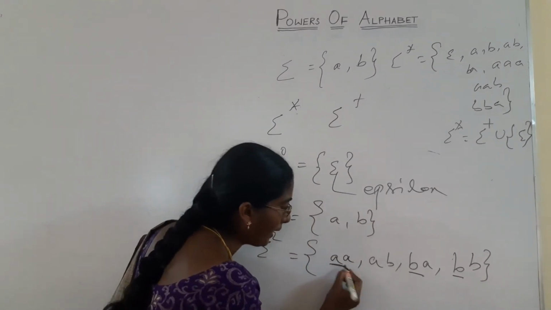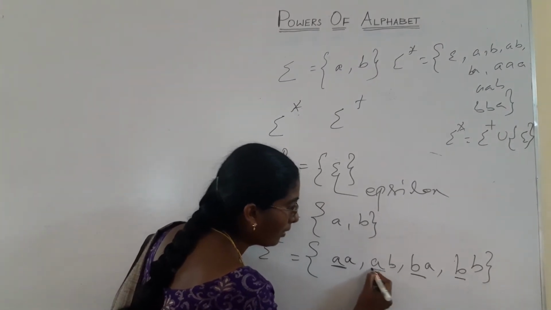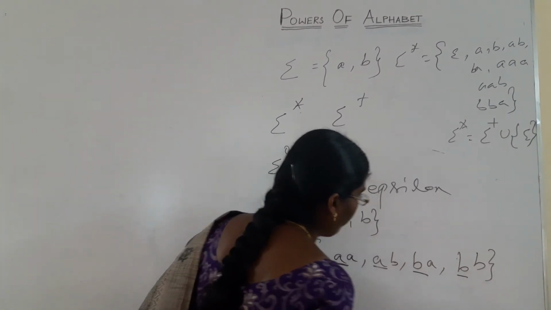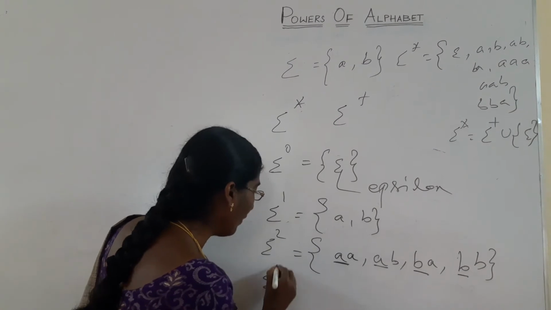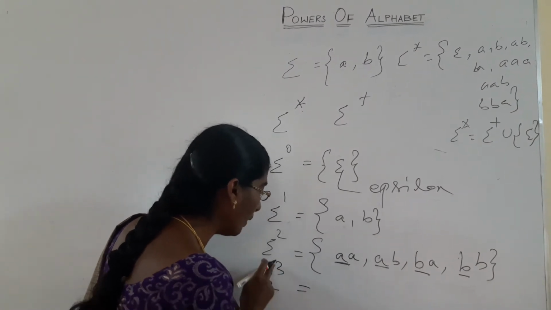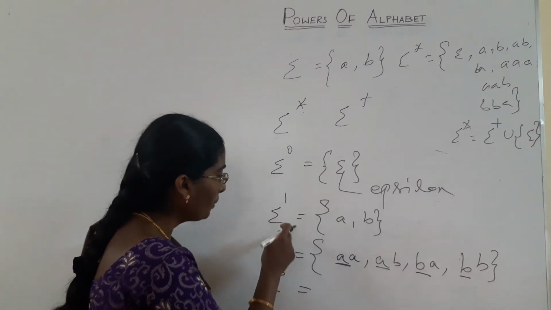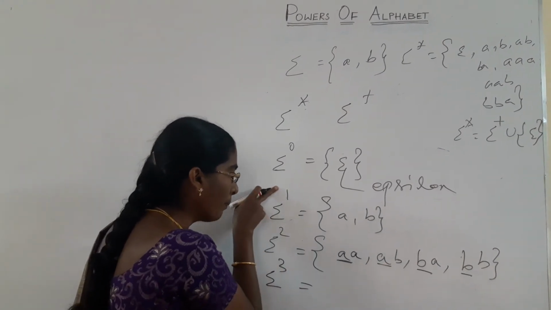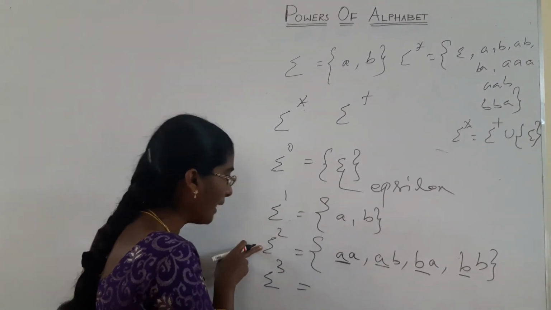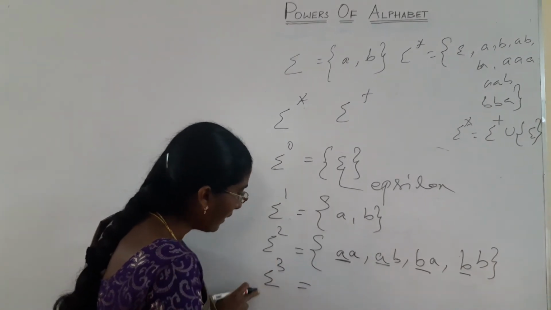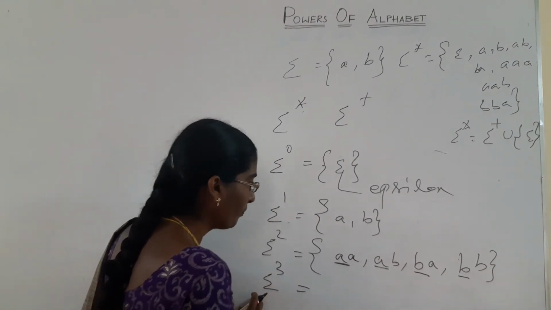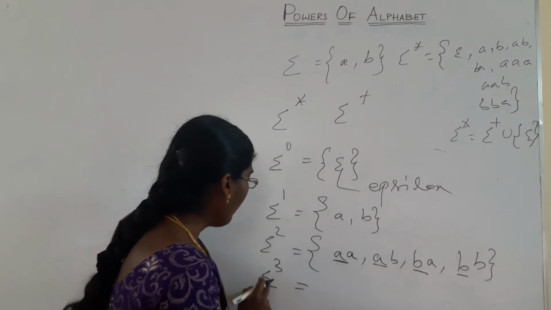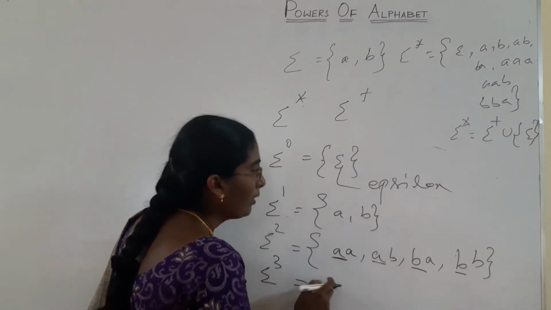This is new: AA, AB, BA, BB. And next one is summation power 3. Here the power is equal to 3. What are this 1, 2 and 3? These are the powers of this alphabet. Here 1 is the power, here 2 is the power of this alphabet summation, here 3 is the power of this alphabet summation.